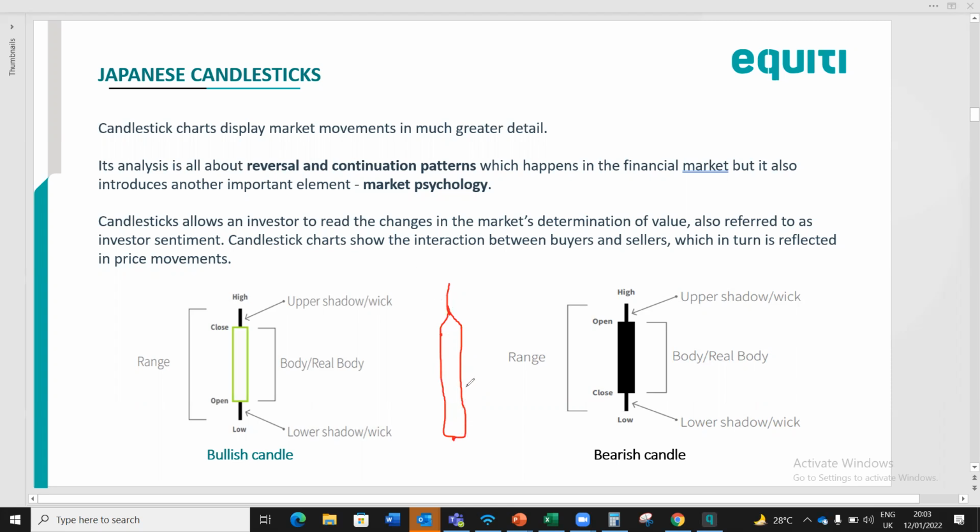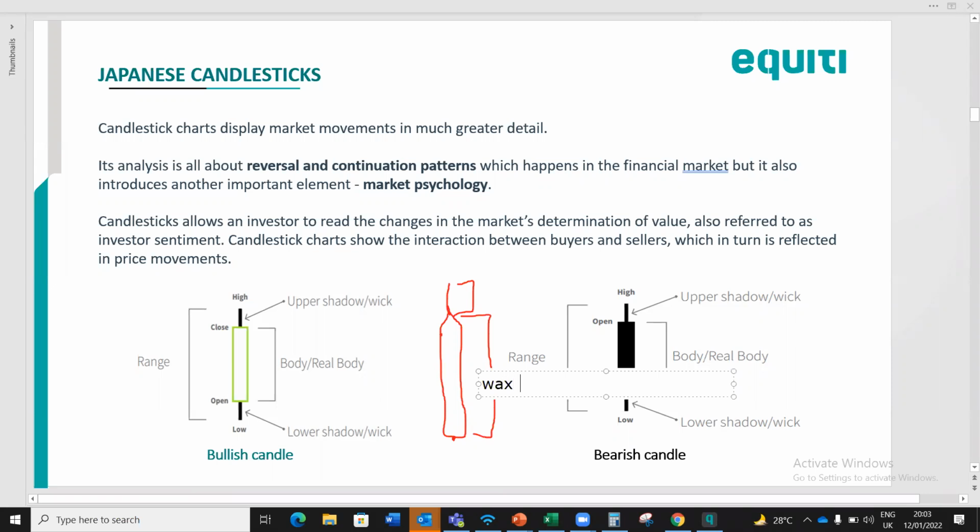Now, this candle has from this point here, down to this point, we have the body of the candle through. Now, from here up, we have the wick, and so invariably the body of the candle is what we call the wax.